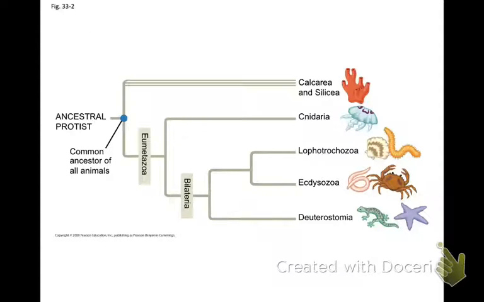So you can see here we have the porifera, which are the sponges, and because they don't have true tissues, these organisms are referred to as parazoa. Okay, the remaining animal phyla all have differentiated tissues and are referred to as the eumetazoa.